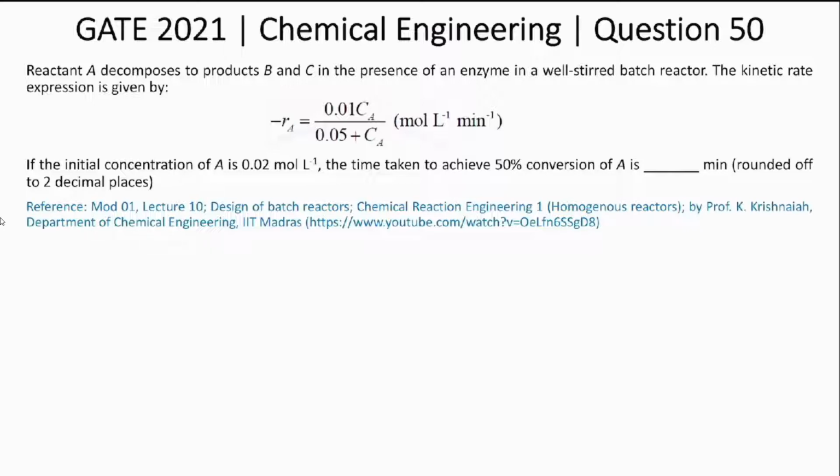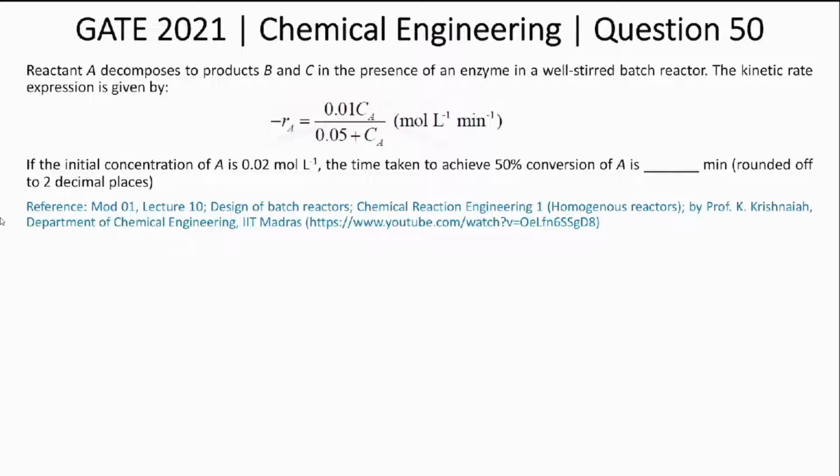And the kinetic rate expression, or the rate of reaction, is given by minus Ra is equal to 0.01 Ca by 0.05 plus Ca, where Ca is the concentration of the reactant A. If the initial concentration of A is 0.02 mole per liter, then the time taken to achieve 50% conversion of A is dash minutes, rounded off to two decimal places.